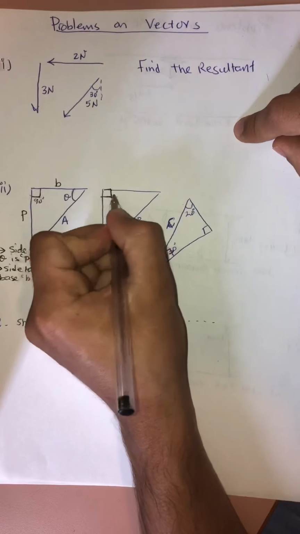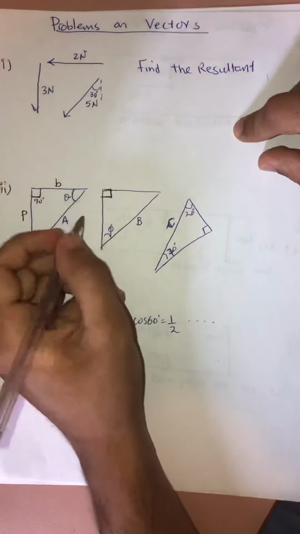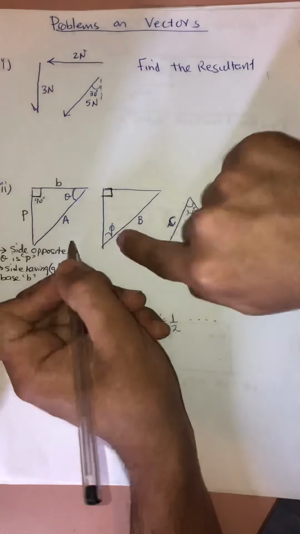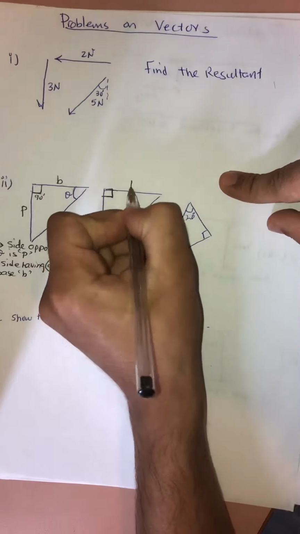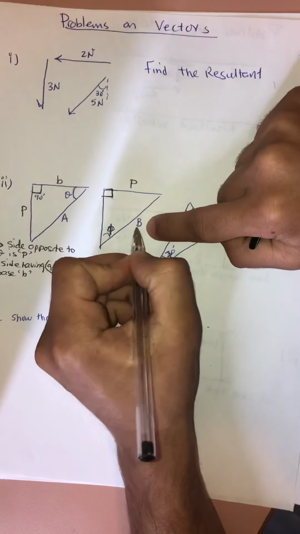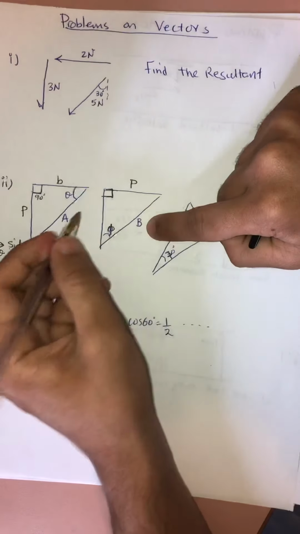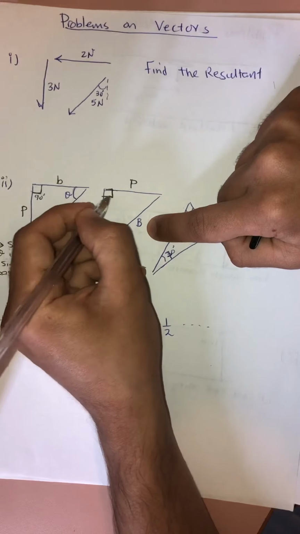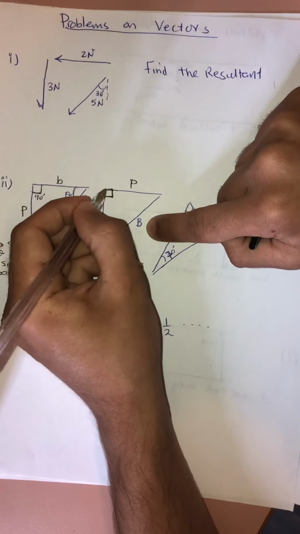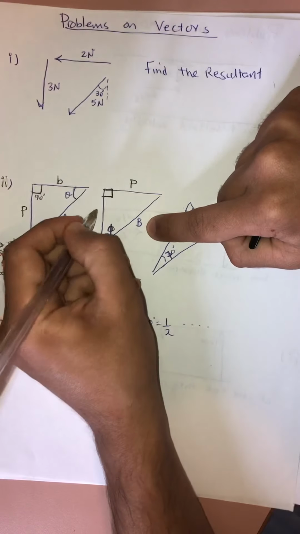So the side opposite to the angle theta is the perpendicular, and the side that contains both the angle as well as the right angle is the base.